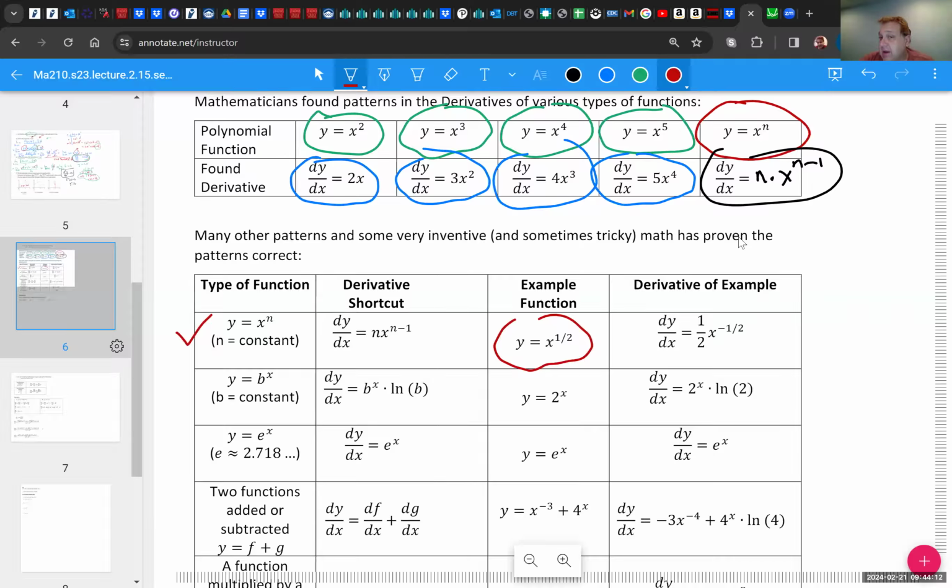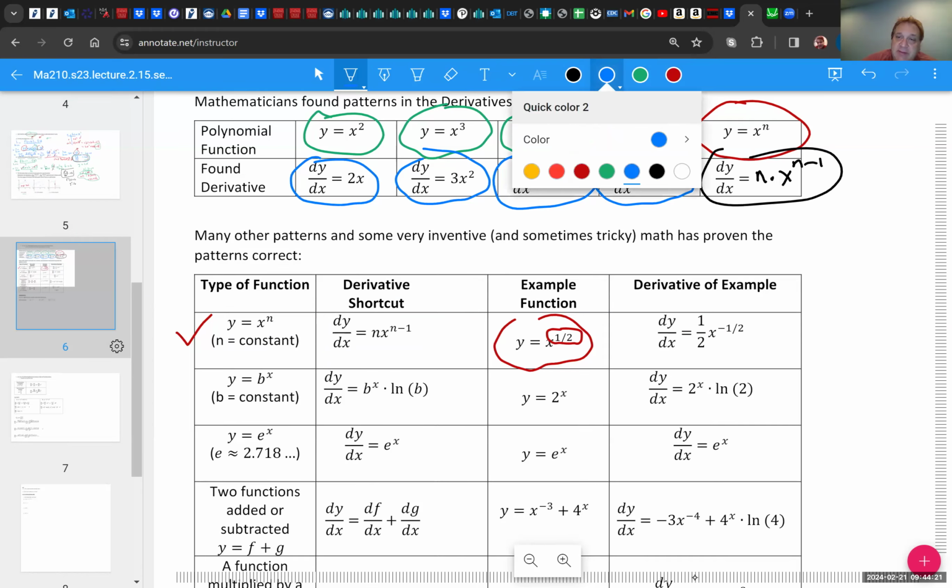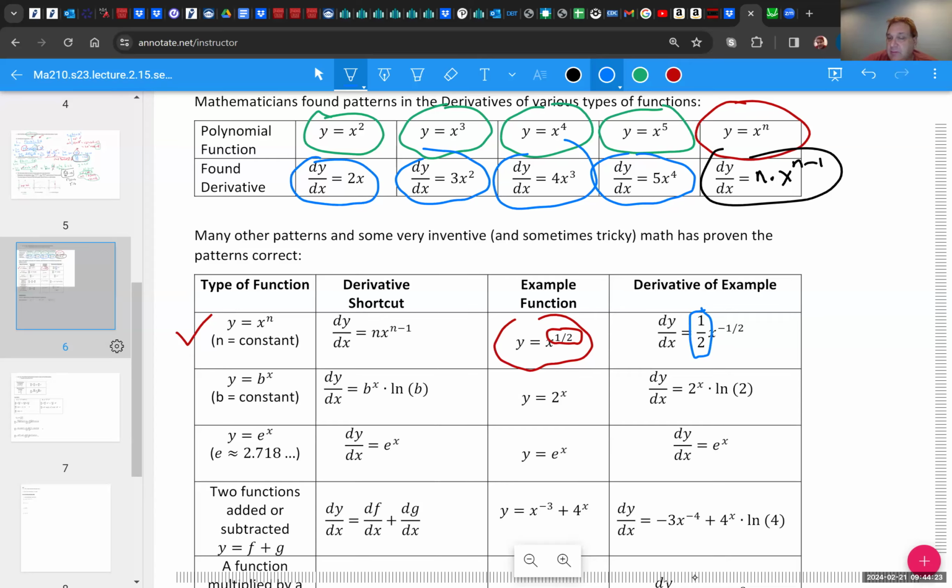So if you think of that as the algorithm, then here we have an exponent of 1/2. That 1/2 is going to come down in front as a multiplication, and then we're going to multiply by the same kind of power, same base x, but the exponent is going to be one smaller. So one smaller than 1/2 is negative 1/2. So that's the example right there.